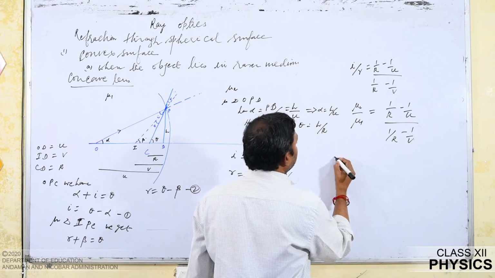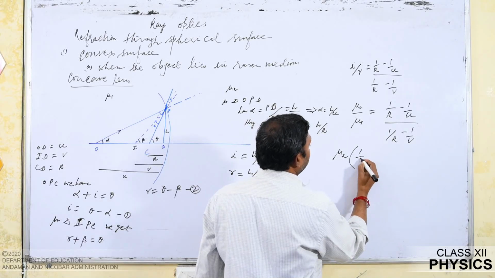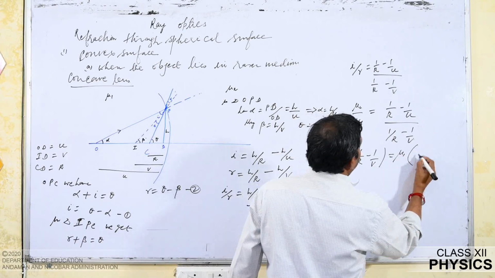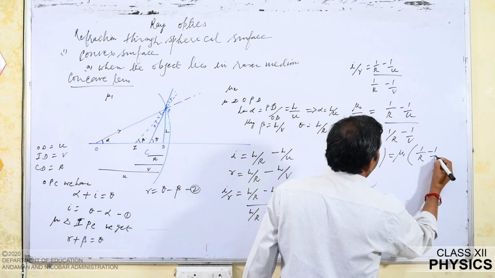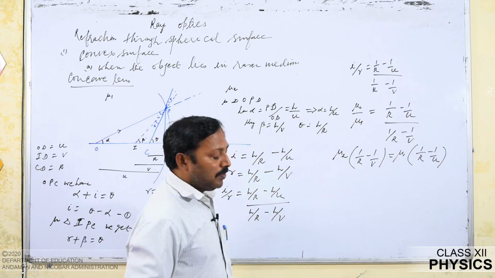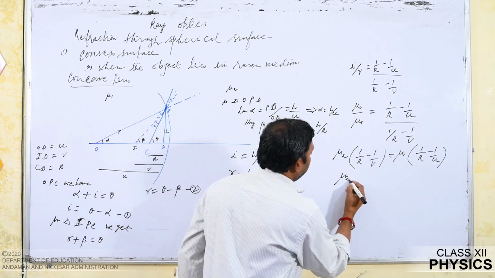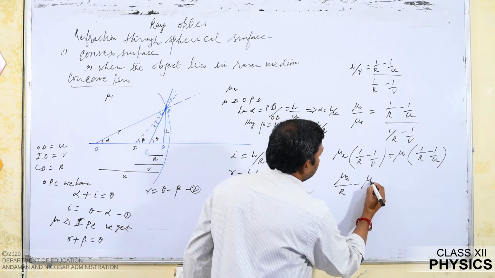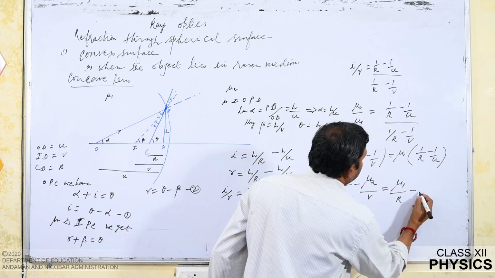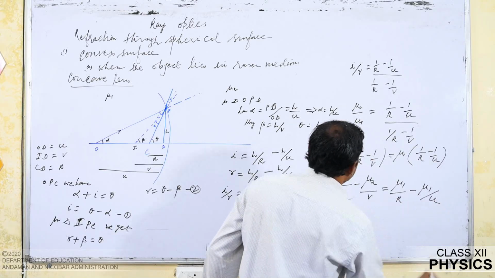Cross multiplication gives mu 2 multiplied by 1 by r minus 1 by v is equal to mu 1 multiplied by 1 by r minus 1 by u. So, on multiplication with mu 2 and mu 1 on both sides, it gives mu 2 by r minus mu 2 by v is equal to mu 1 by r minus mu 1 by u.